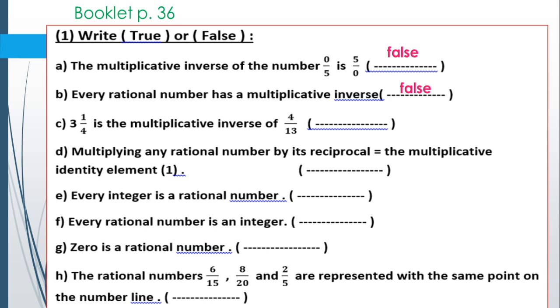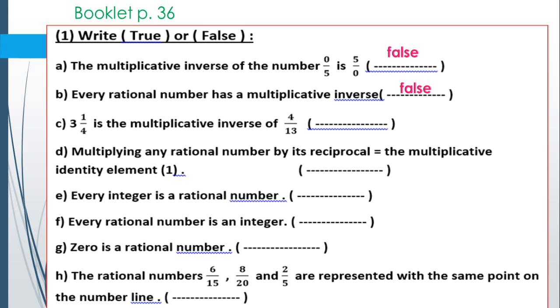Letter C, 3 and 1 over 4 is the multiplicative inverse of 4 over 13. Before answering this, put this number as a rational number, A over B. 3 times 4 plus 1, 13 over 4.